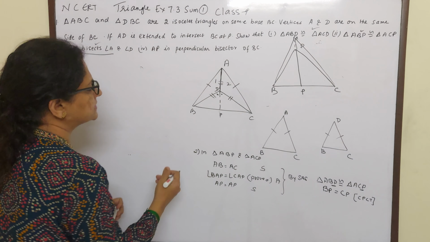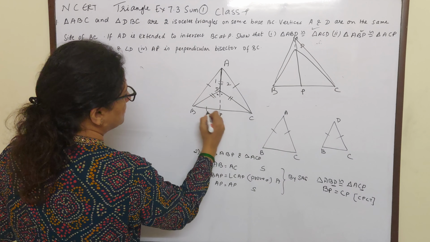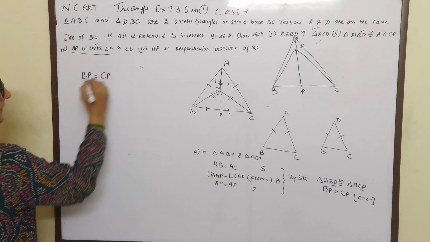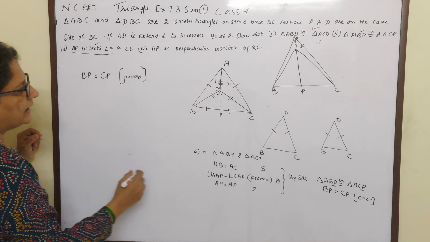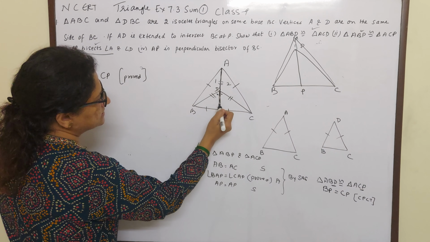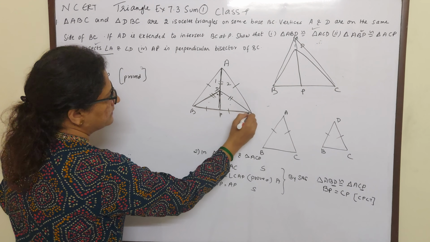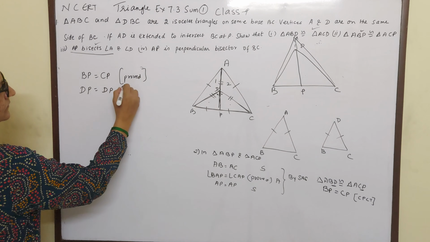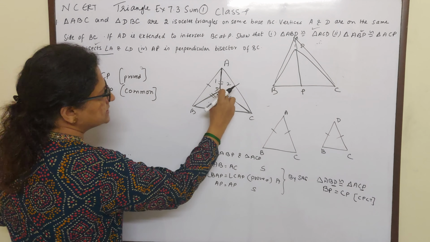So I'll show it here itself. Here we have just proved BP is equal to CP. That is your first point. Proved. And we also saw that this DP is common to this angle also and this angle also. So you can say DP is equal to DP, common, and BD is equal to CD.